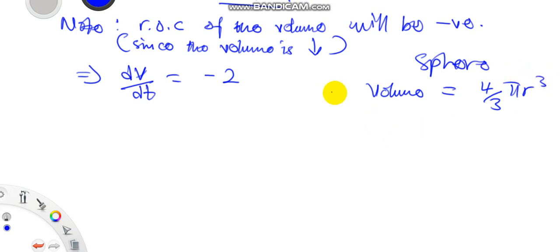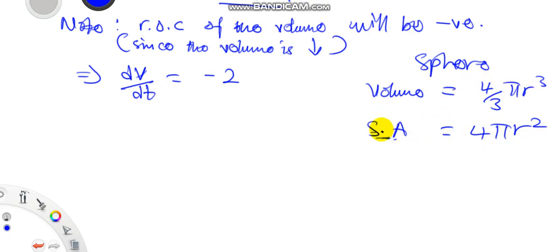The surface area of a sphere is 4 pi r squared. You need to know these two formulae.